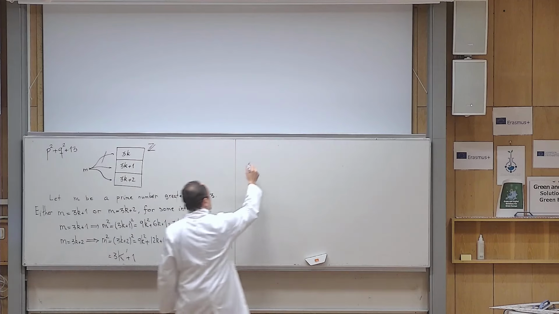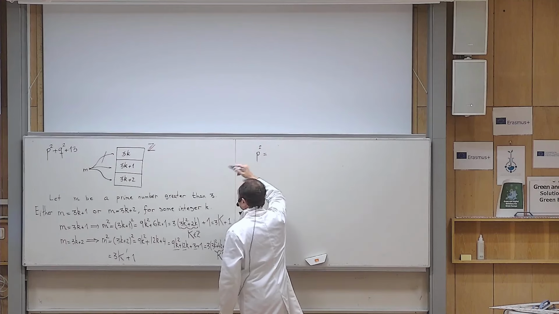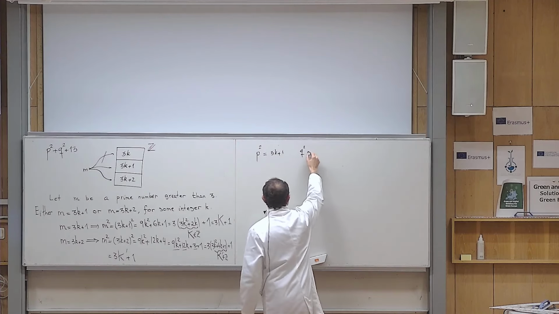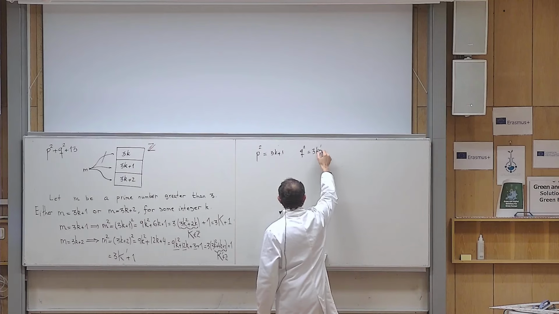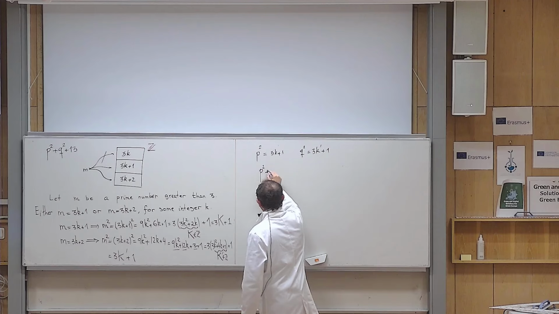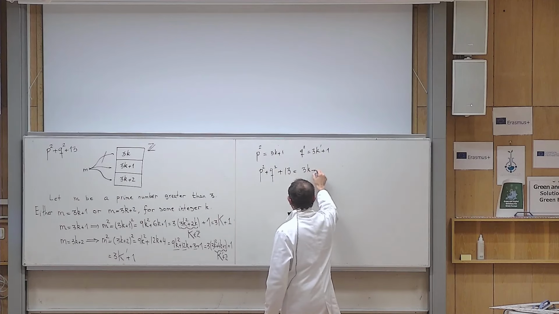So P squared is of the form 3k plus 1, and Q squared is also of the form 3k prime plus 1, and then I want to have that combination. So instead of P squared, I put that.